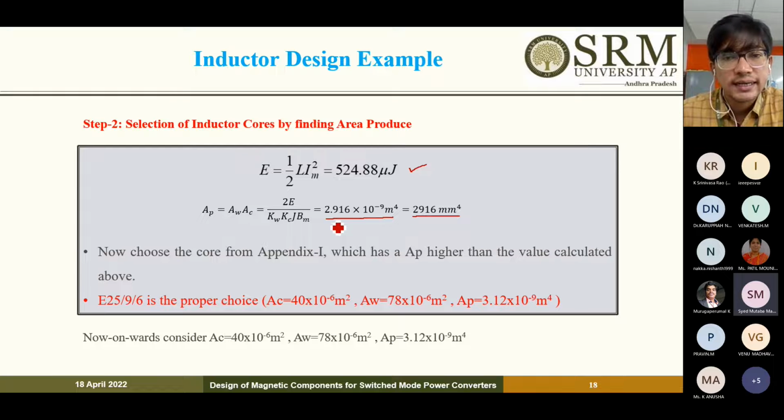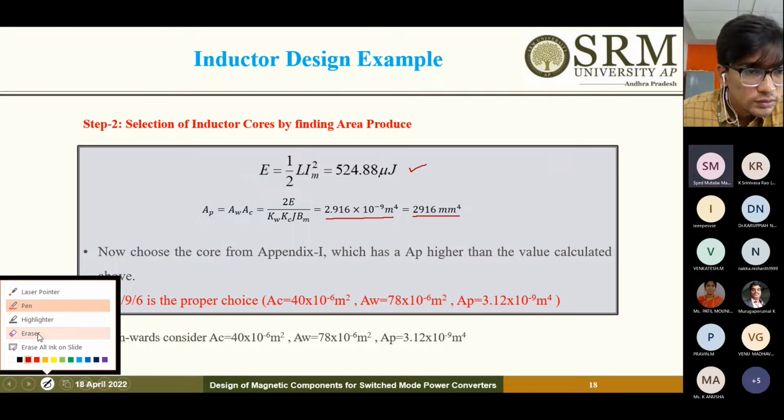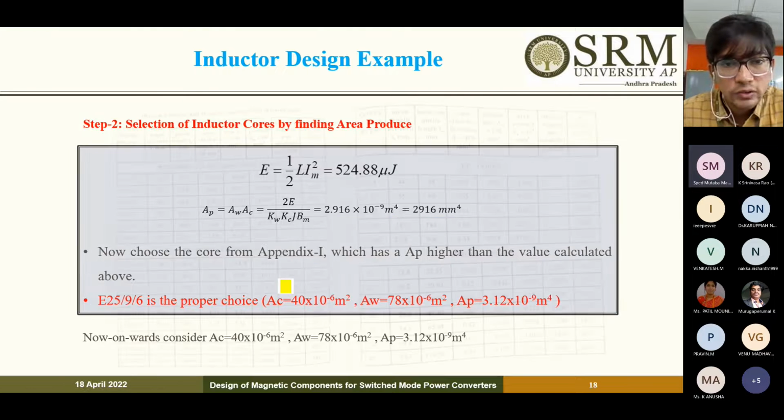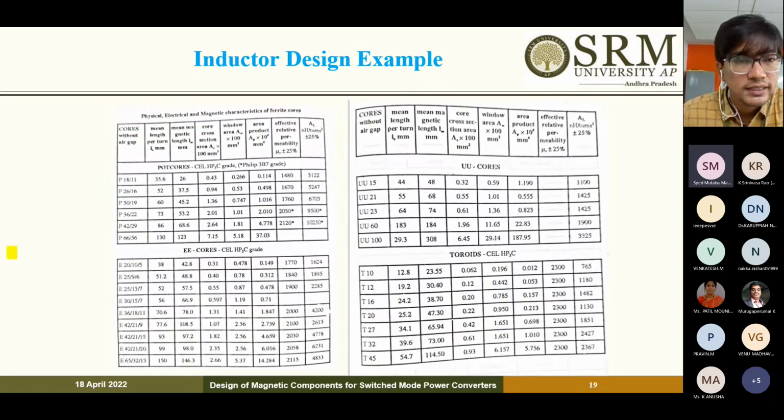Now I need to select a core whose area product is more than this value, from appendix 1. If I go back to the appendix, here you can see the area product.